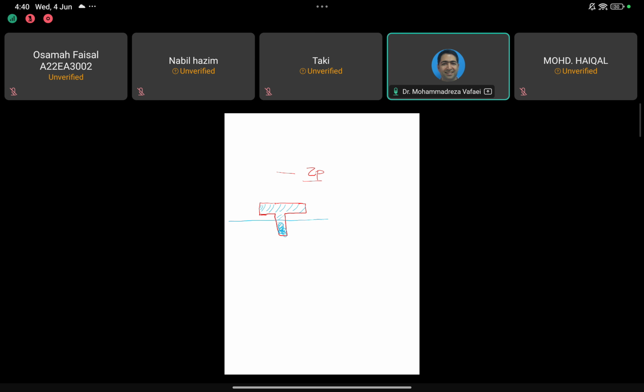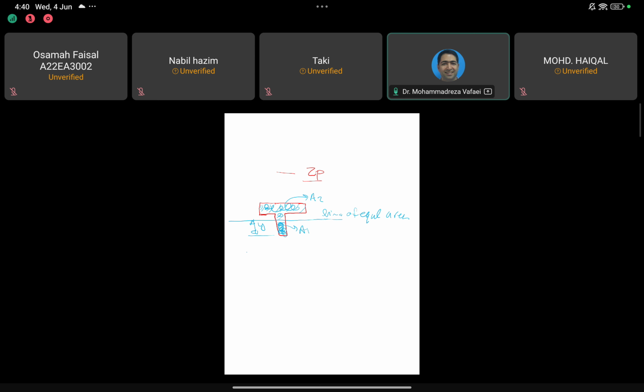So let's assume this is A1, and all of this is A2. That means the area above and below that line are the same. We don't know the location of this line, so we assume it to be Y from the top or bottom of the section.